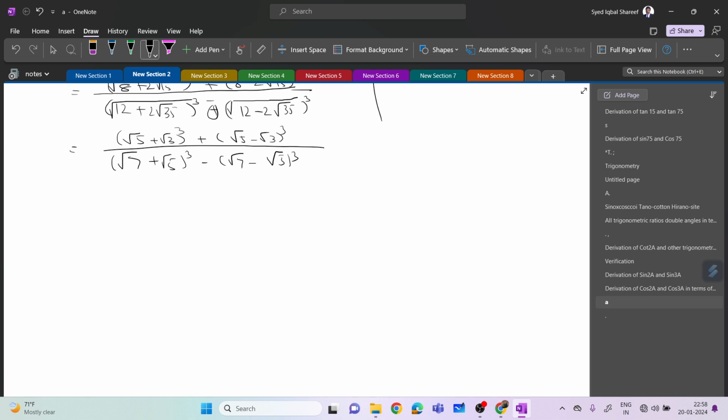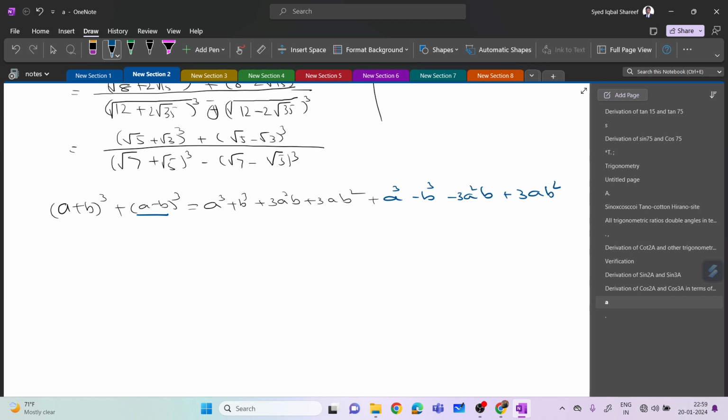Now see here, this problem is a little bit confusing. So what I am doing: a plus b whole cube plus a minus b whole cube. How much? This is a cube plus b cube plus 3a square b plus 3ab square, plus the second expansion, a cube minus b cube minus 3a square b plus 3ab square.